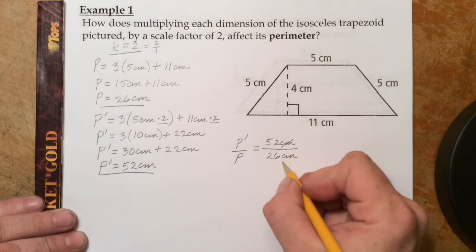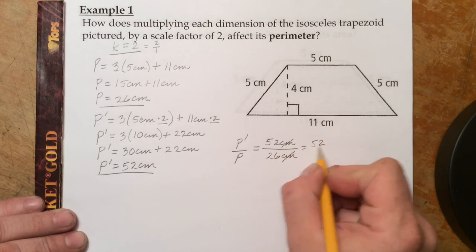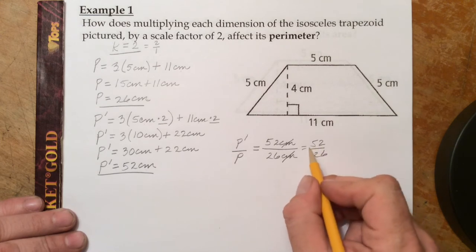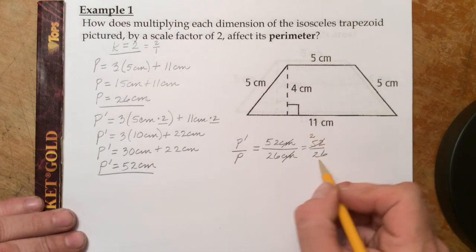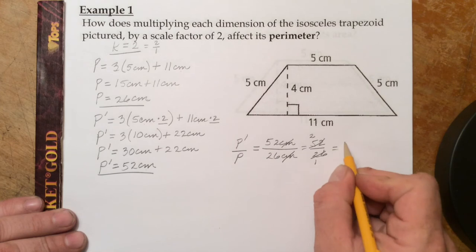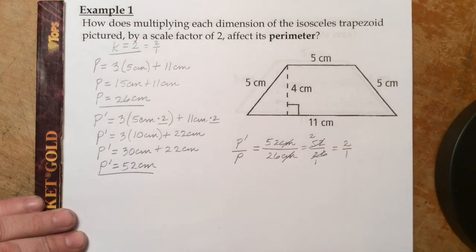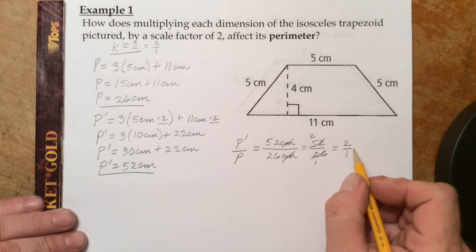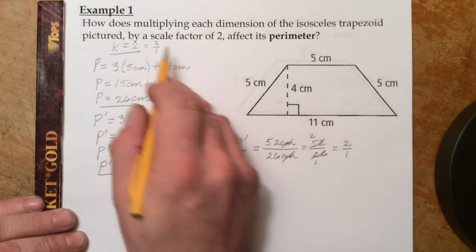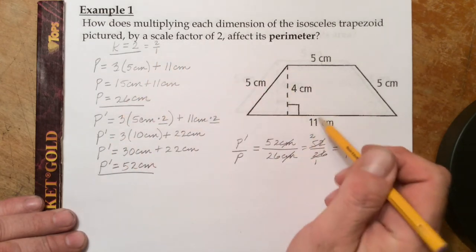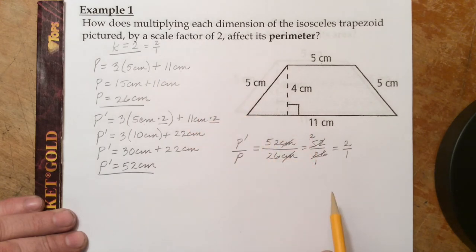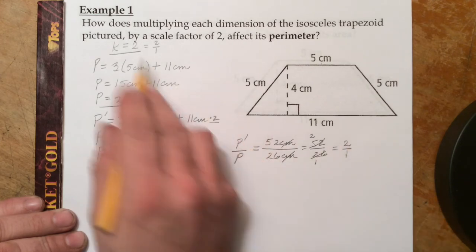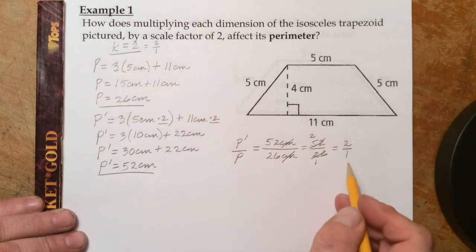The centimeters divide out, and we get 52 to 26. 26 goes into 52 2 times, and 26 goes into 26 1 time. So we get a perimeter factor of 2 to 1. What we need to notice is the scale factor changing each dimension was exactly the same as the change in the perimeter. It hasn't changed. 2 to 1 is still 2 to 1.